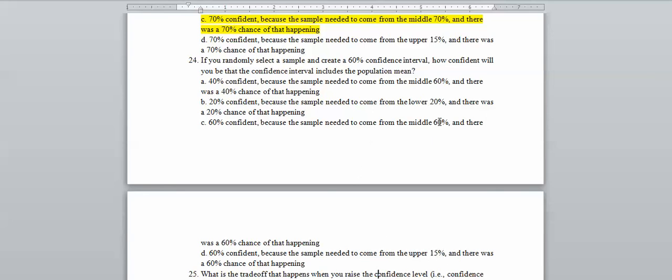So it has to be C. Right away we eliminated two choices. We knew it was C or D because C and D say 60% confident. And we eliminated D because when you create a confidence interval, you have to get one of the middle ones. You can't have one of the upper or lower tails.